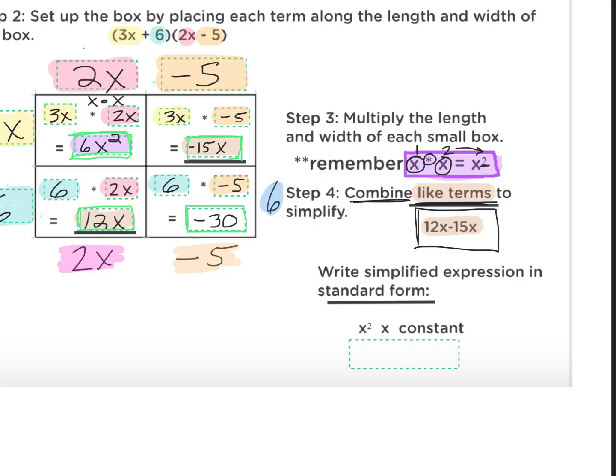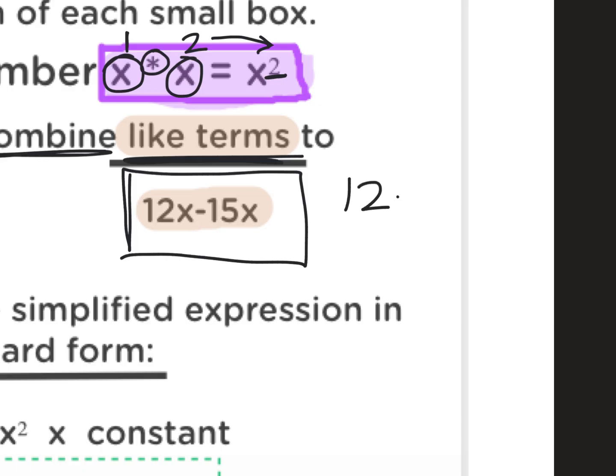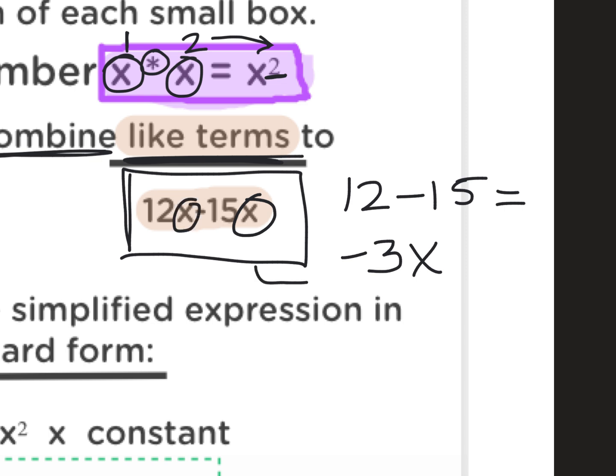And that 12x and that 15x came from right here in the box. So 12 minus 15 is -3. And then we need to put the x at the end. So 12x minus 15x is -3x.